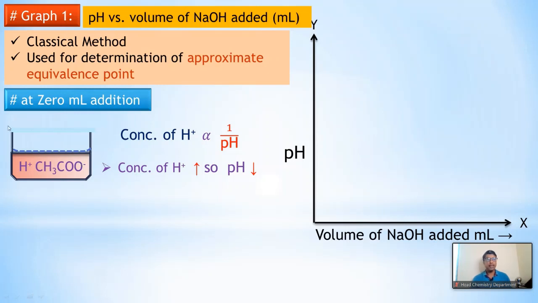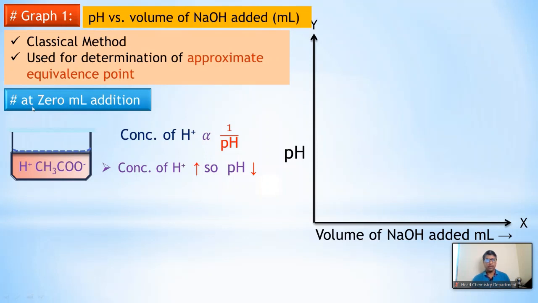Initially in the beaker there are only two ions, H plus and CH3COO minus. In the beaker a large quantity of H plus ions are there. Because of that, the concentration of H plus ions is higher initially, therefore the pH is low.